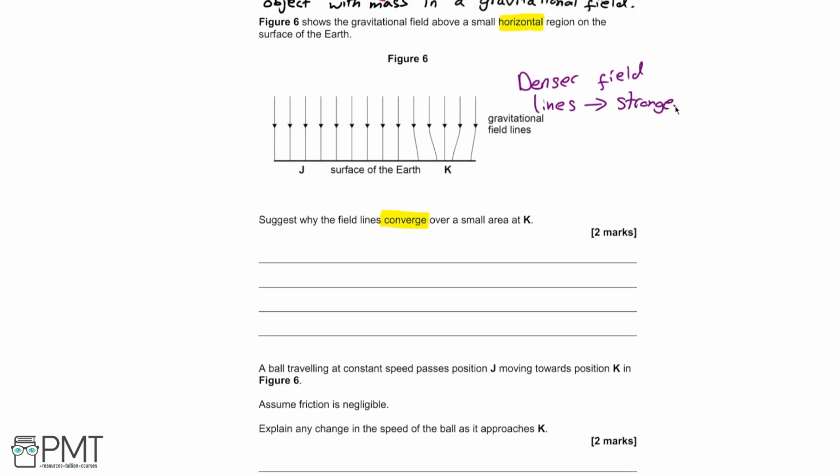So what this means is that the field is getting stronger as you get closer to K, until it's quite strong right around K. Because the source of the gravitational field is mass, we must have more mass relatively close to K, or around K, because this is generating an increased gravitational field compared to the gravitational field at J.